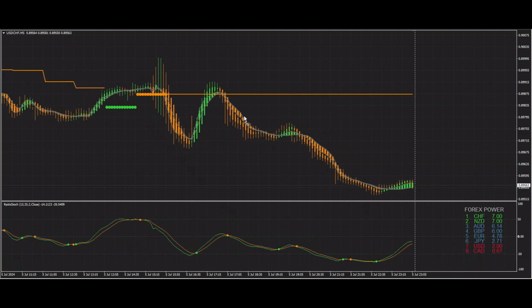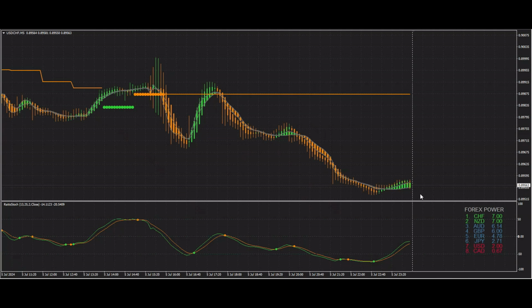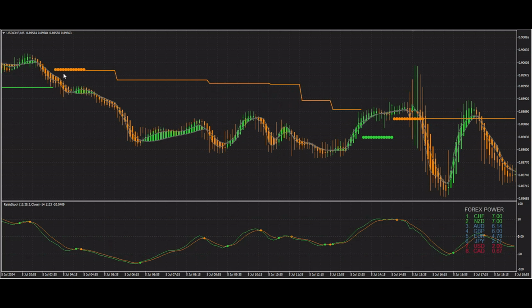When you open your sell trade in this instance, you will see that price will move in the direction of selling the market. Here also you have a signal for a sell, and you open your sell trade considering this as well, and price is heading in the direction of selling the market.